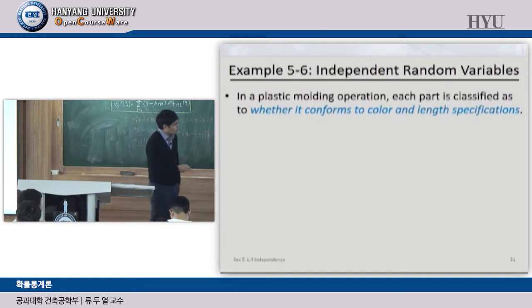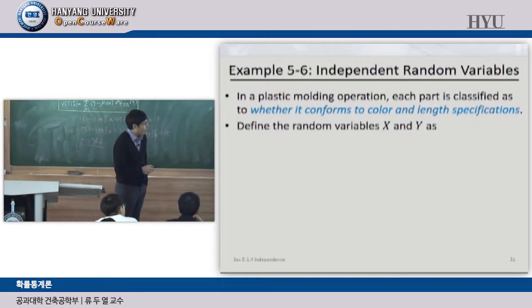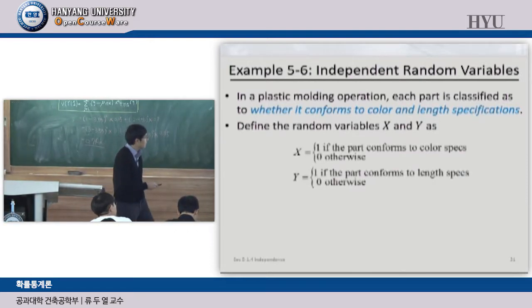In a plastic molding operation, each part is classified as to whether it conforms to color and length specifications. Define the random variables X and Y as follows. X is equal to 1 when the part conforms to the color specifications, and X is equal to 0 otherwise.